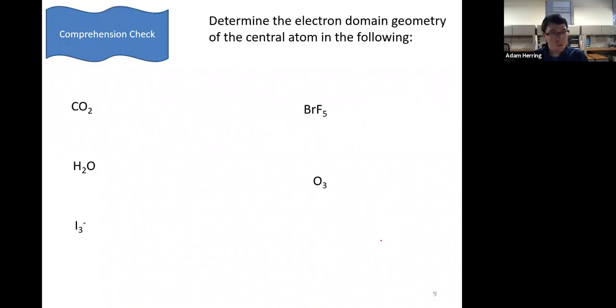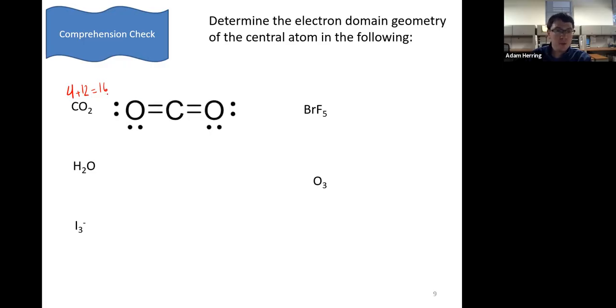Welcome back. So, what did you get? Carbon dioxide. This has 4 valence electrons plus 12 from the oxygens. That makes 16. When we draw the Lewis structure, we see that we have carbon with the two double bonds to 2 different oxygens.